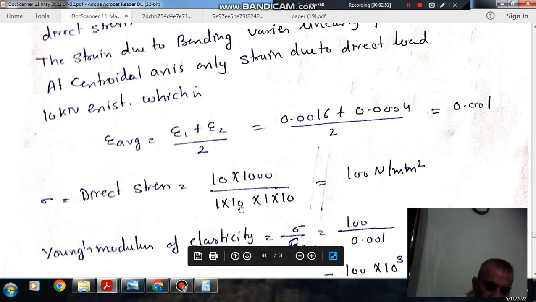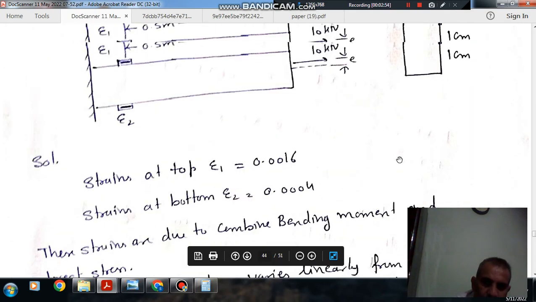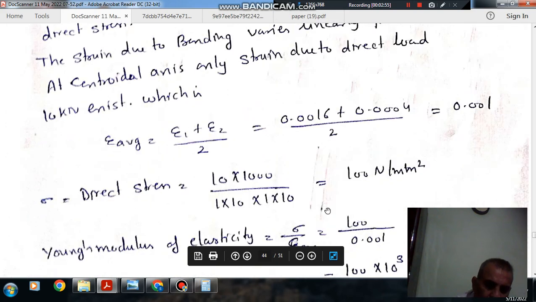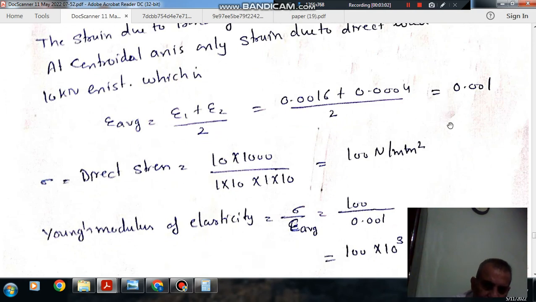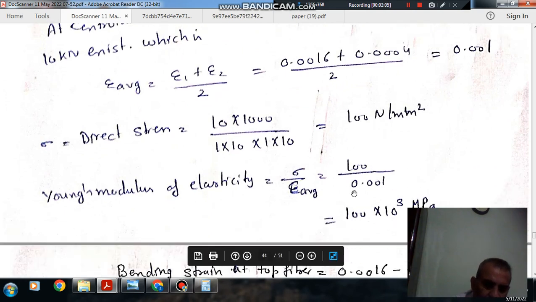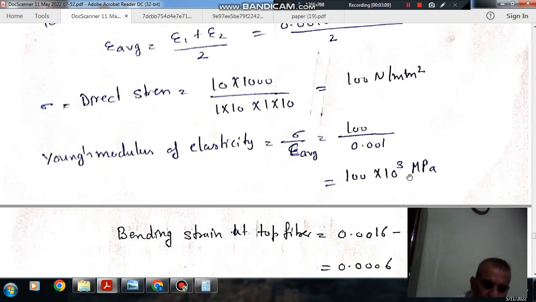Now this is the direct stress and this is the direct strain at neutral axis, so Young's modulus is 100 by 0.001, that is 100 newton per mm square divided by 0.001.